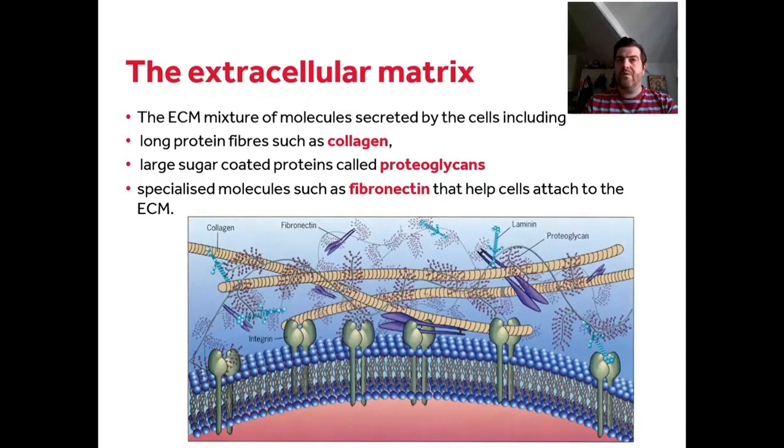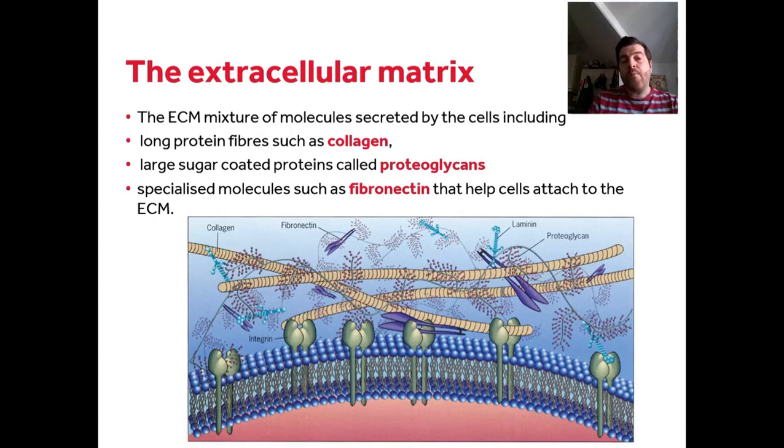So how does the extracellular matrix come about? Well, the extracellular matrix itself is often secreted either by specialist cells, which help form the extracellular matrix, or even by the cells within that tissue or organ themselves.